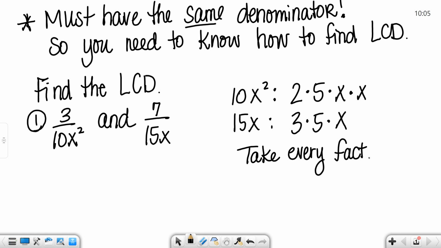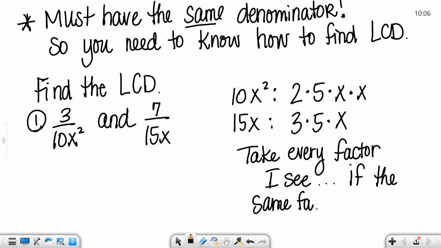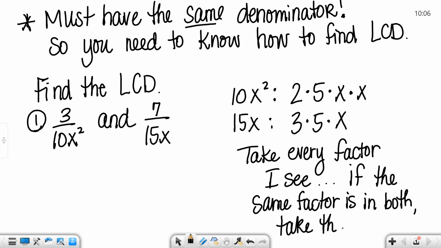Take every factor that I see, if the same factor is in both, take the highest power. Okay. So let me write this a little differently since I said it like that.